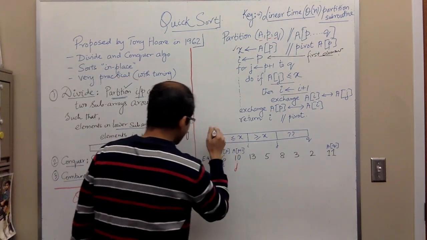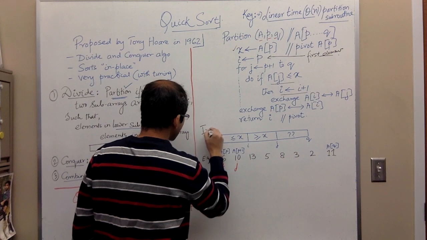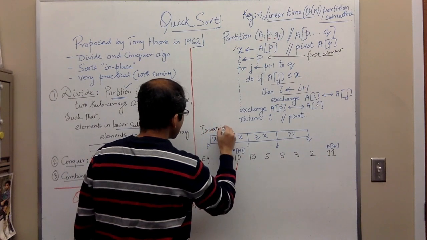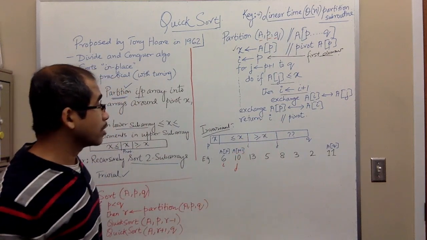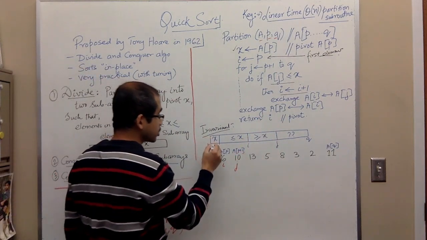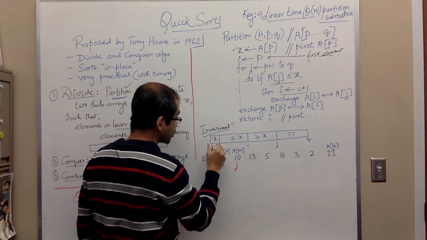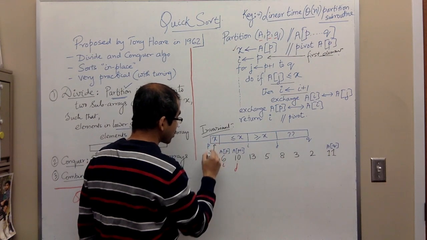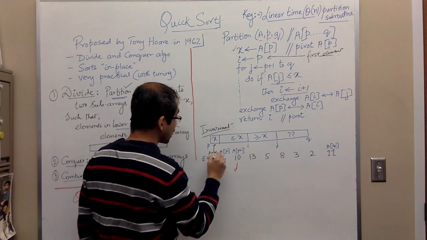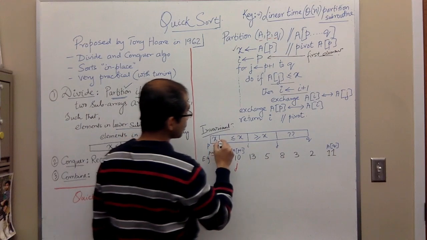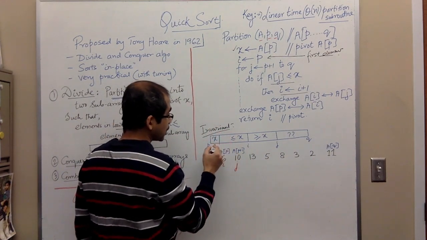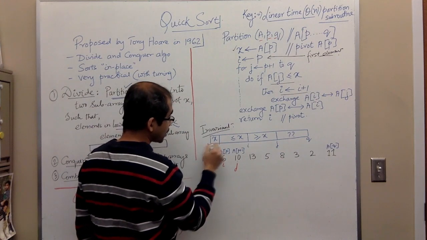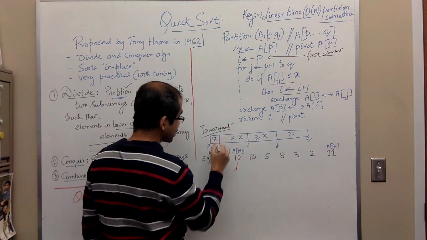So this is the invariant of the quicksort. The invariant is any time in the progress of the quicksort algorithm. Suppose, as I said, the pth element, the first element, we have chosen as the pivot. So this is the pivot element, and then you see the i is this one.